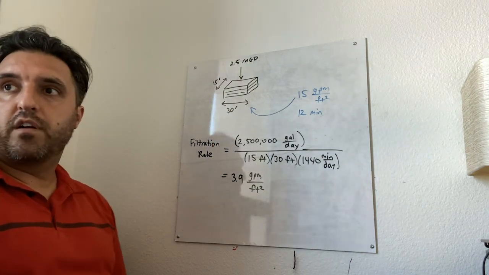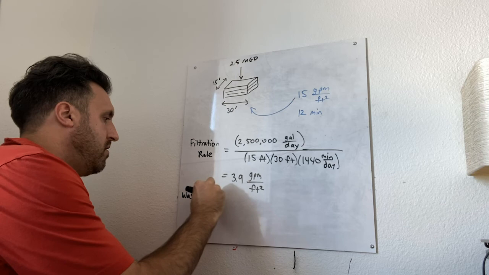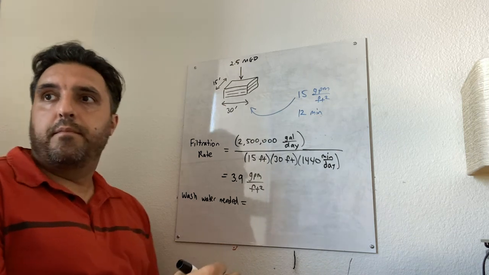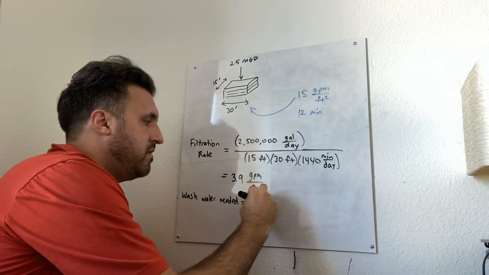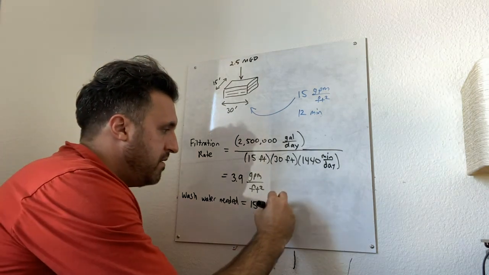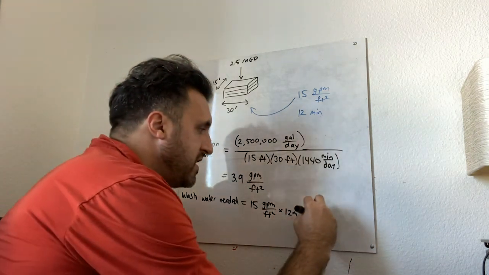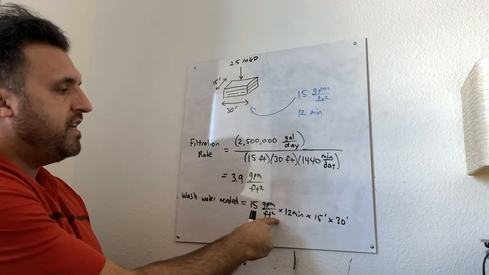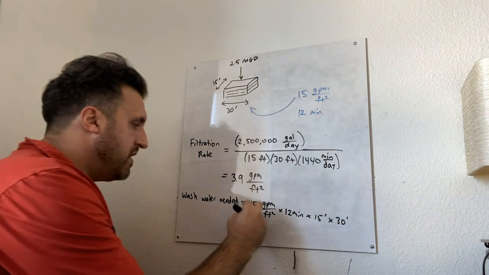So to calculate the volume of wash water needed, we're going to take the 15 gallons per minute per square foot, multiply that by the duration, 12 minutes, and then multiply that by 15 feet and by 30 feet to cancel out the square feet. That'll give us a volume of gallons, which should be equivalent to 81,000.